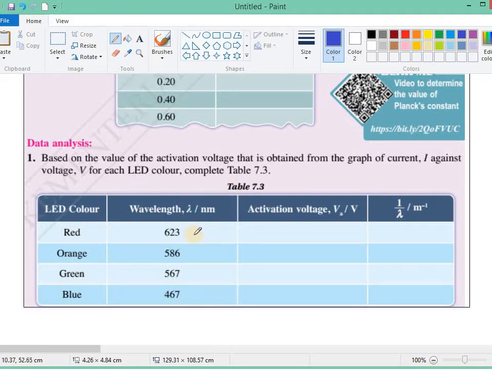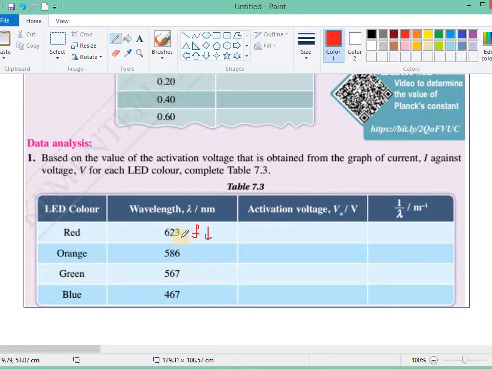And if they have different wavelengths, it means the frequency of the light will be different, right? So for example, this is a big wavelength. If the wavelength is big, that means the frequency of the red color will be low. Okay, longer wavelength means lower frequency.